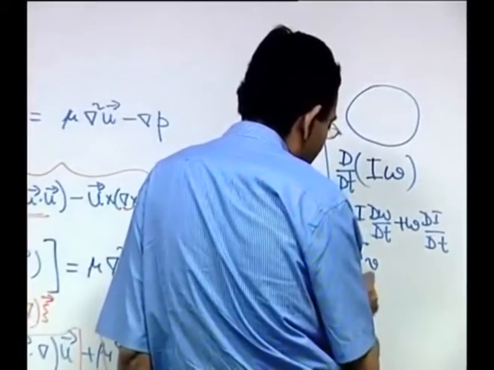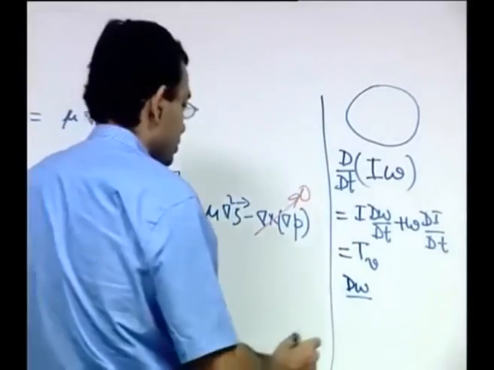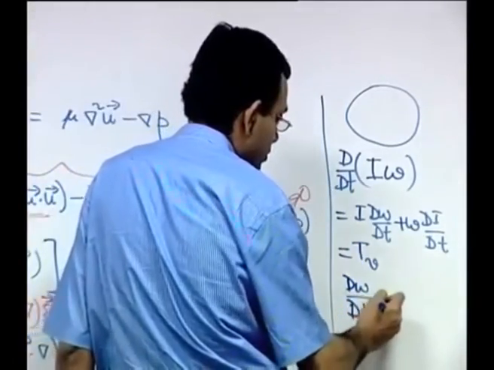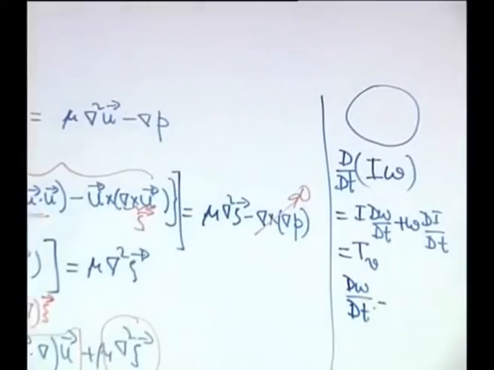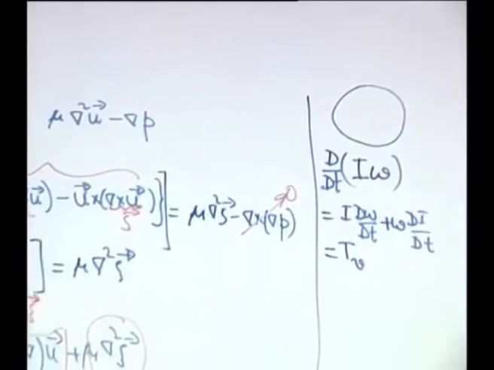So we can write d omega dt. Let us write it together with the vorticity transport equation, so that we can get a one to one analogy.